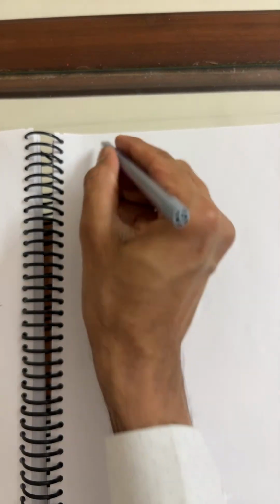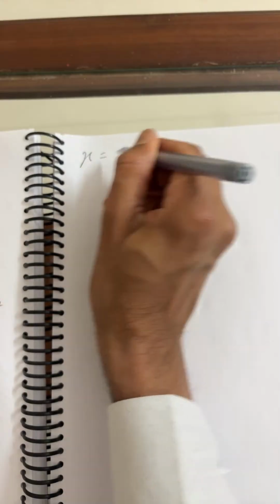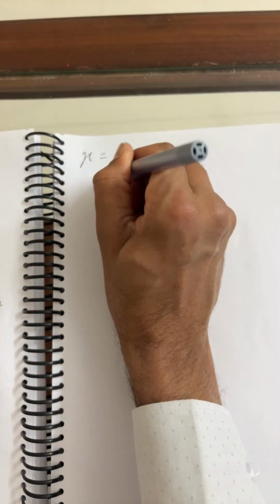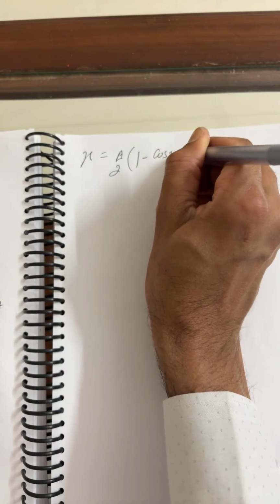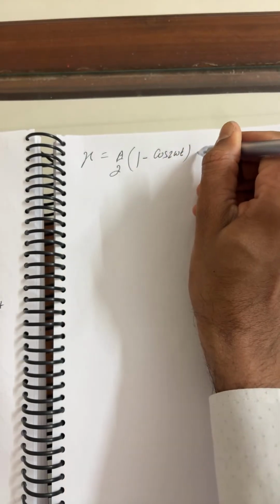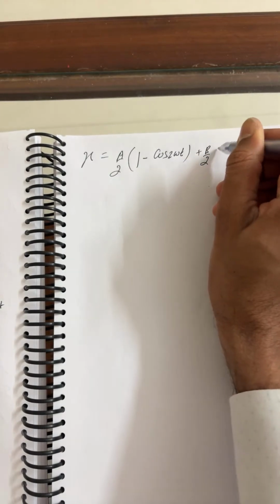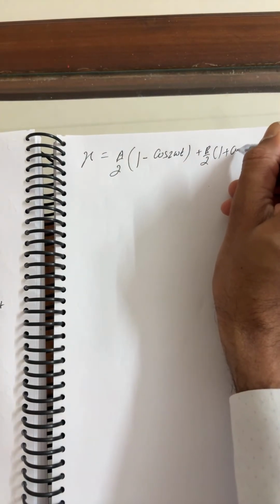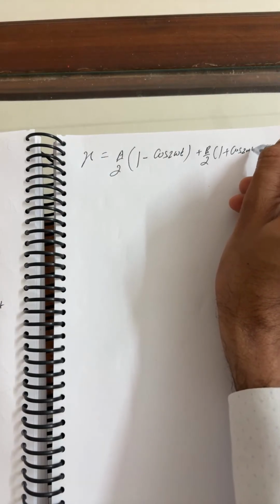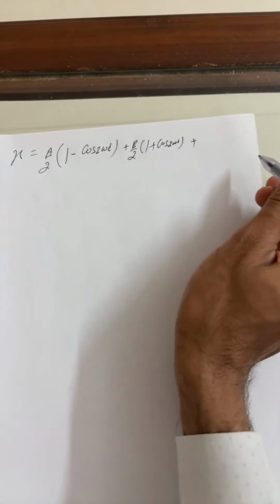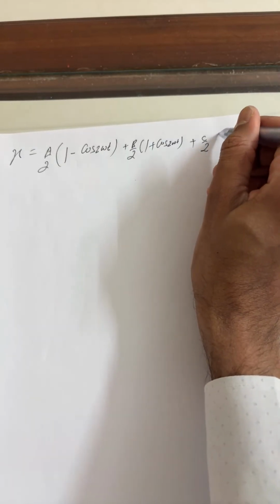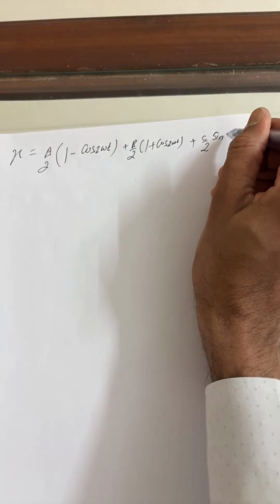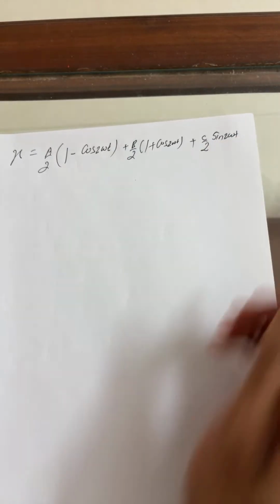This equation: A is equal to B and C is equal to 0. So I'll write, my dear, X is equal to A by 2 (1 minus cos of 2 omega t) plus B by 2 (1 plus cos 2 omega t) plus C by 2 sine of 2 omega t.